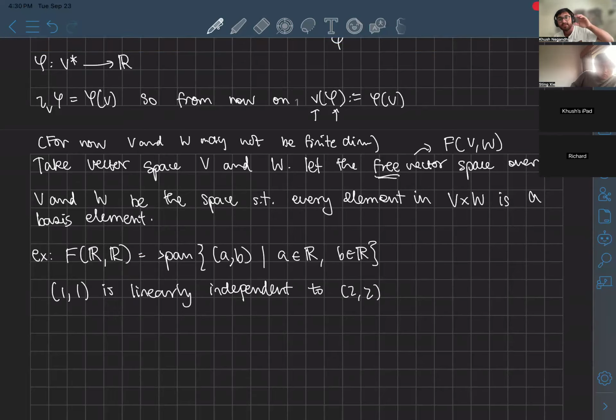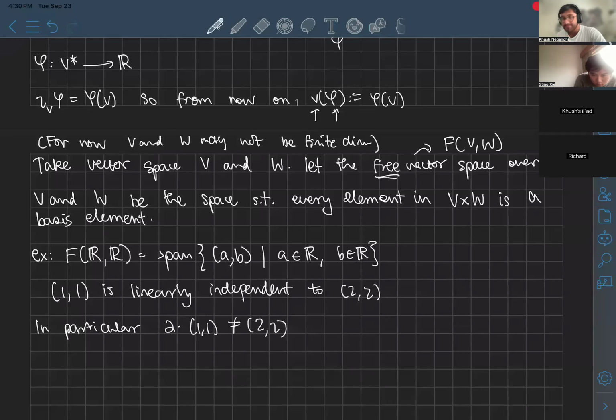There's no relation between (1, 1) and (2, 2). In particular, 2 times (1, 1) does not equal (2, 2). So 2 times the vector (1, 1) is a different vector altogether.